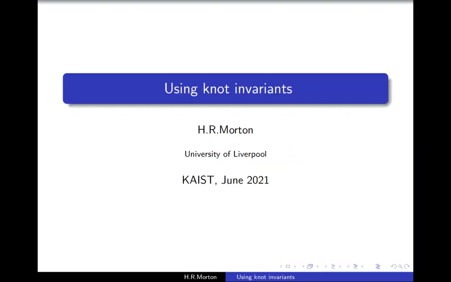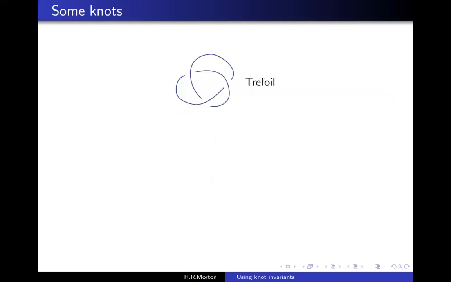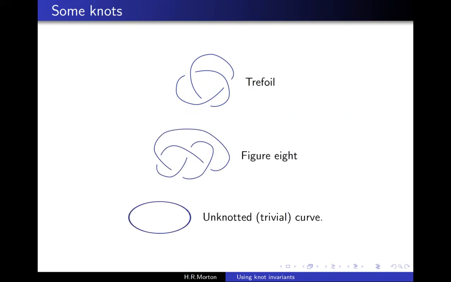What I'm going to say today is about knot invariants generally, with some specific examples, and some thoughts about the various uses of knot invariants. Of course, if I start about knots, we all are familiar with various knots.